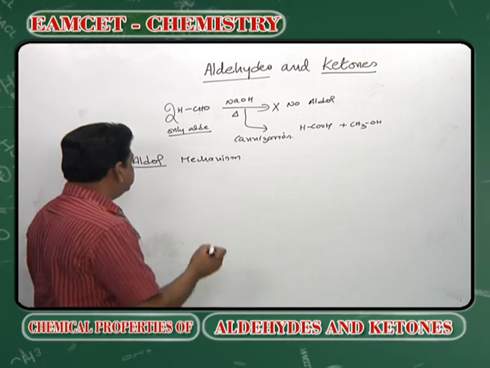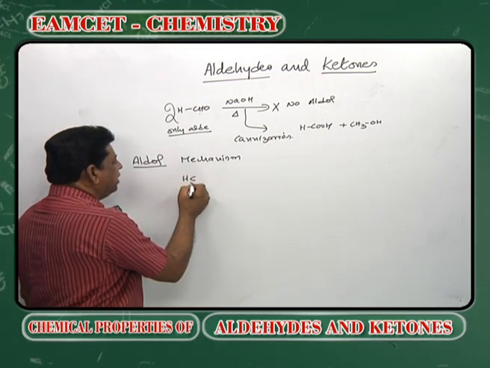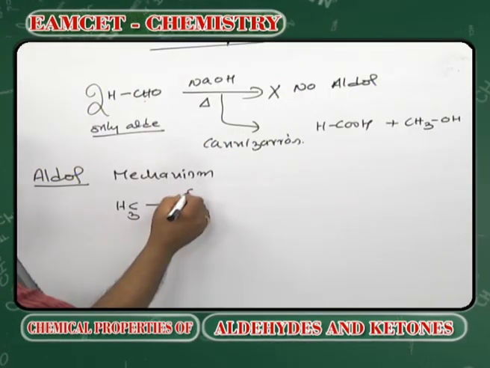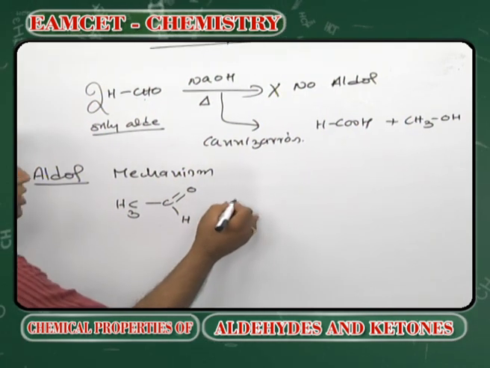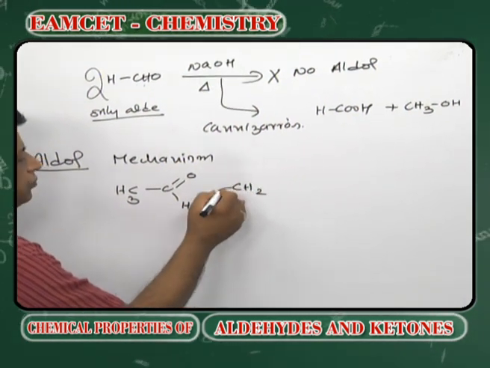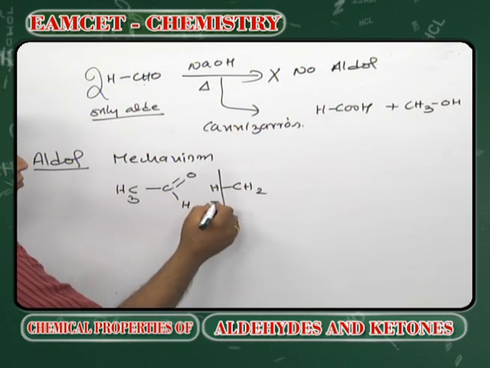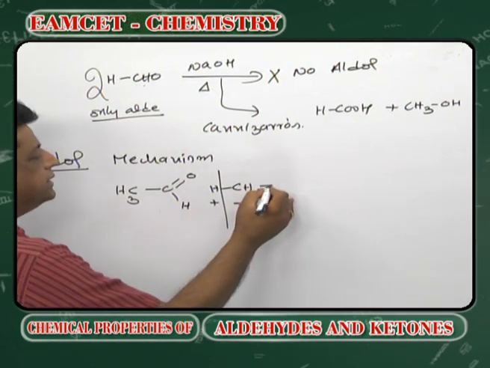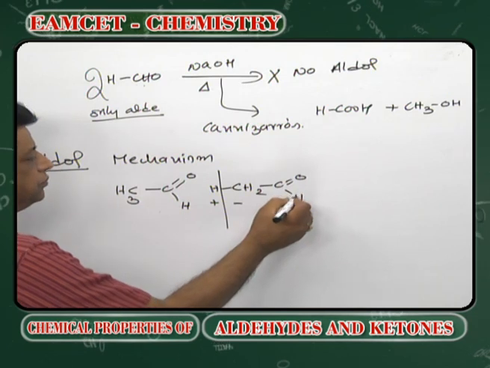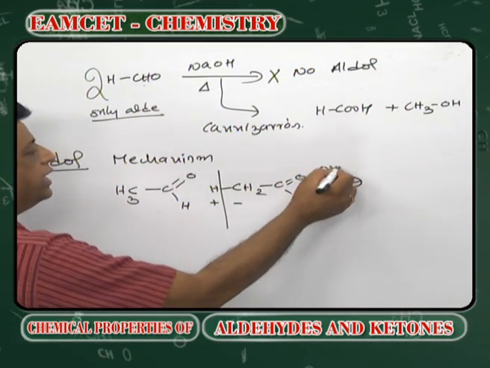In the aldol condensation, what is actually happening is one acetaldehyde is undergoing a nucleophilic addition with another acetaldehyde. This acetaldehyde we are breaking into the minus and the plus. This happens in presence of the OH minus.